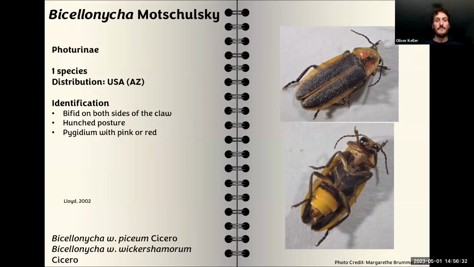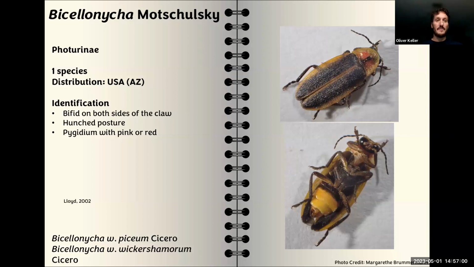They're not on any of the islands in the West Indies, but this one, Bicellonycha wickershamorum, described by Joe Cicero, is in Arizona. And there's also a subspecies, wickershamorum picium. I've only seen the nominal species, but this is also one of the species we'll learn about later.